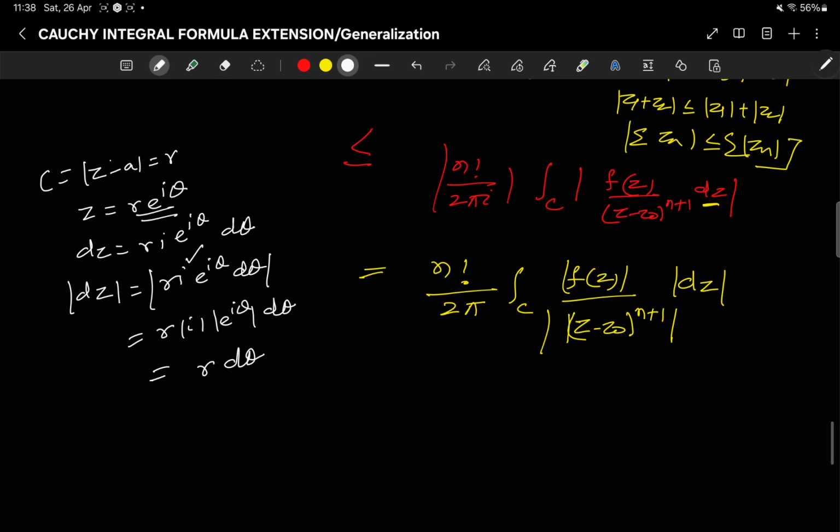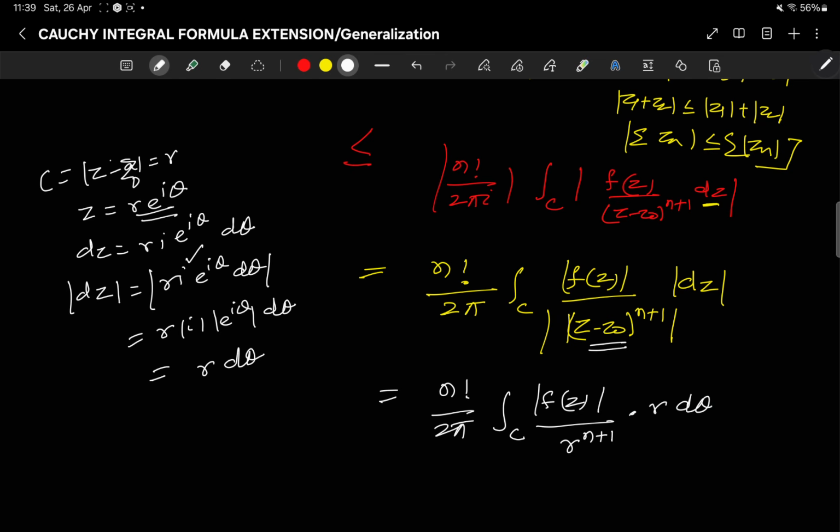So what you can write is n factorial by 2 pi, integral over C of |f(z)| divided by r to the power n plus 1, and |dz| is nothing but r d theta. And the limit of integration, since this is a circle, 0 less than theta less than 2 pi, so this is 0 to 2 pi.